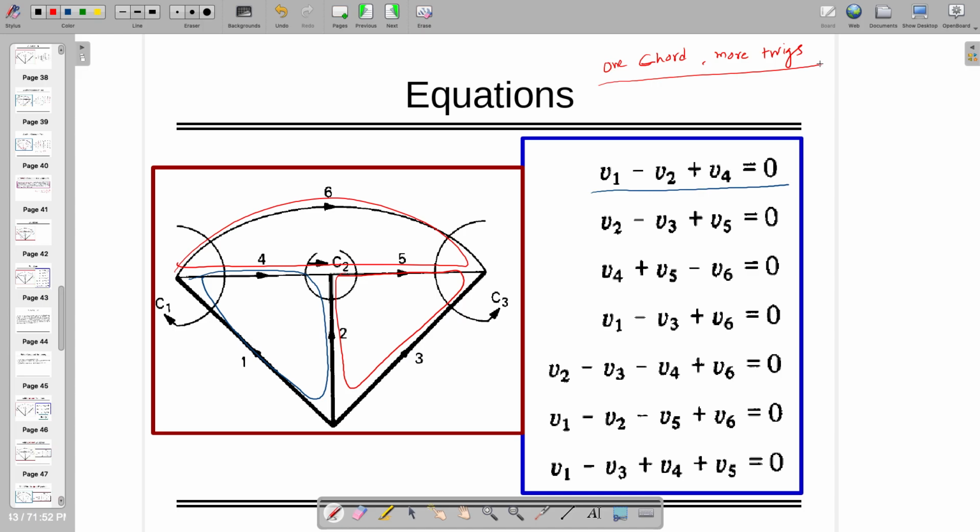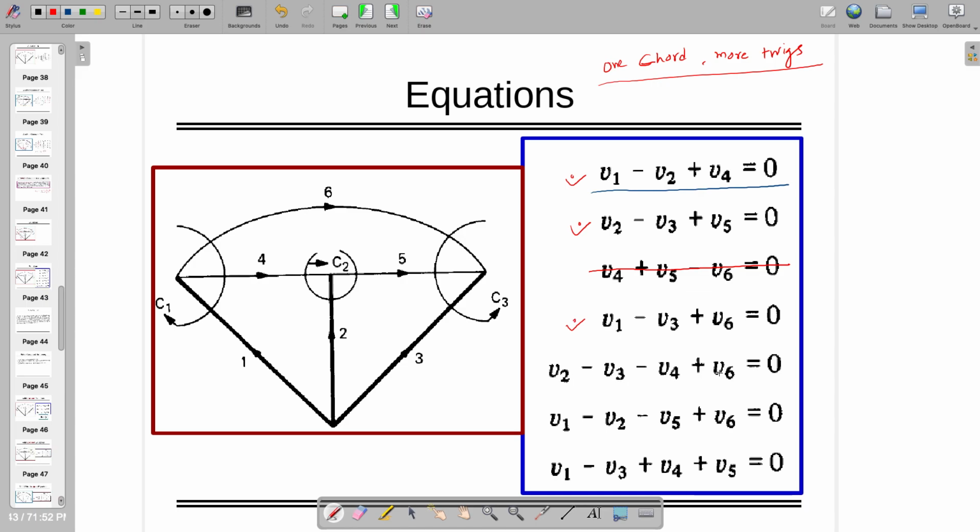The direction of the loop is that of the chord. So V2, V3, V5 is fine; these two equations are fine because both have 2 twigs, 1 chord. In the case of V4, V5 and V6, unfortunately all are chords, so we are not going to use that. V1, V3, V6 is fine because 2 twigs, 1 chord.